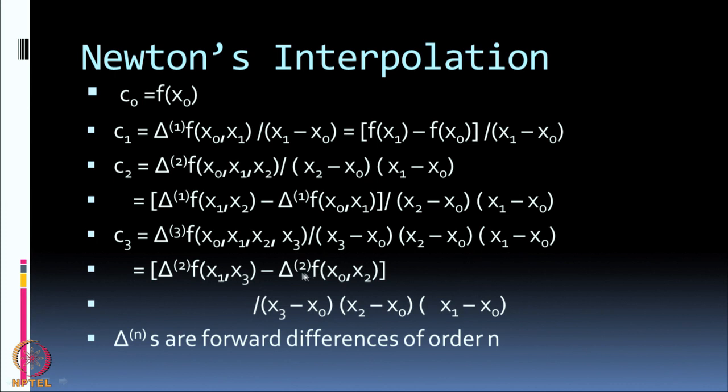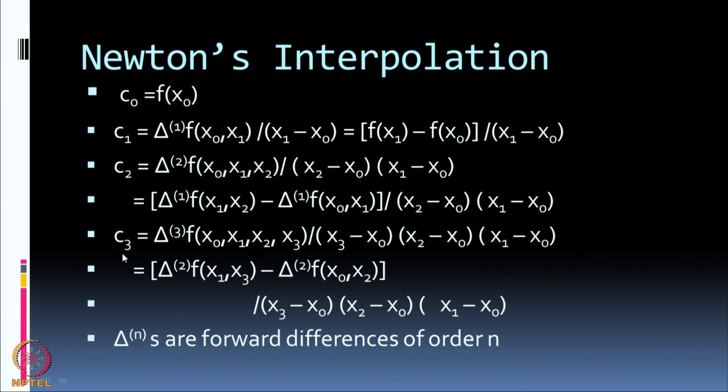So, just as I have a second order difference at x2, I can calculate a second order difference at x3. So, the difference between two second order differences is my third order difference. So, that third order difference divided by (x3 minus x naught), (x2 minus x naught) and (x1 minus x naught). So, this is my C3. So, this is a discussion on my Newton's interpolating polynomial of a third order polynomial.